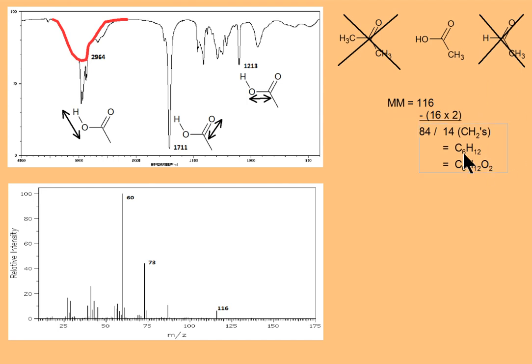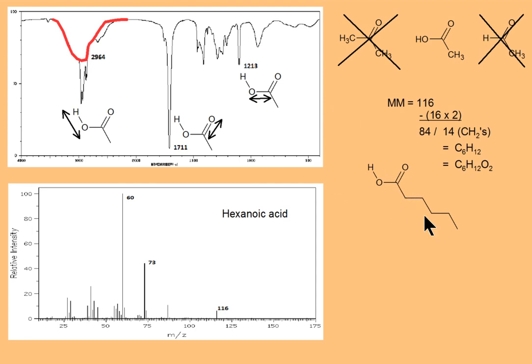That comes neatly 6 times over. So it looks like C6H12. Add in the oxygens, which we'd taken into account. It gives us a formula of C6H12O2. That strongly suggests that we've got hexanoic acid, or some kind of constitutional isomer derivative.